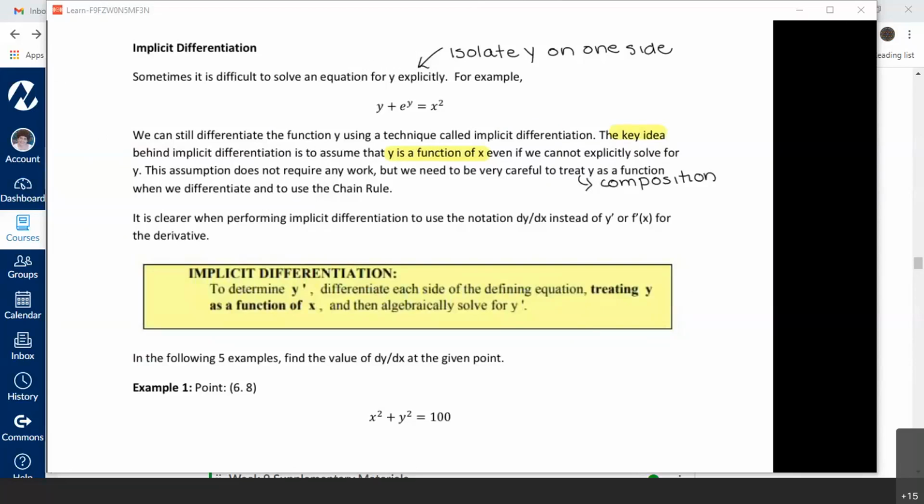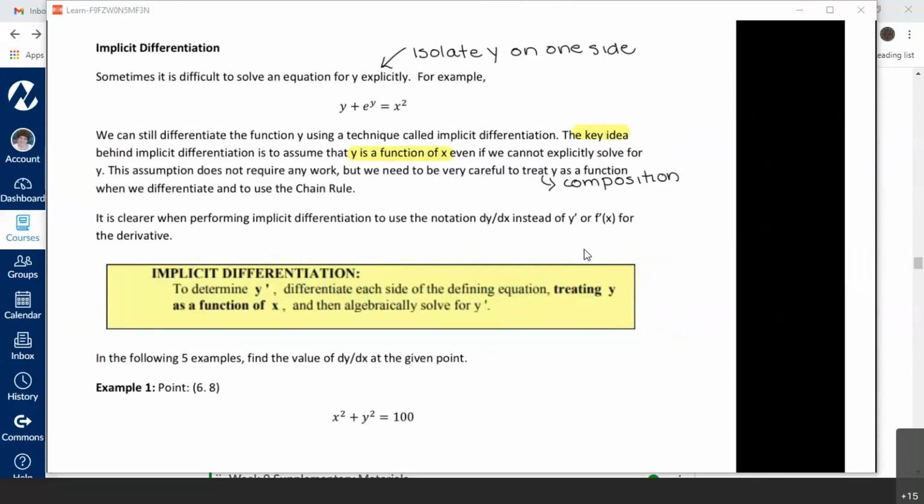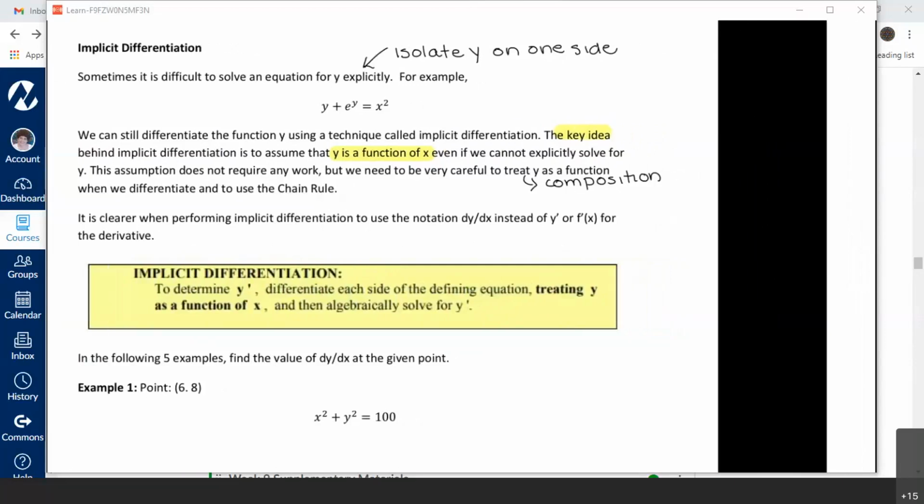It's clearer when performing implicit differentiation to use dy/dx instead of y prime or f prime of x. Remember, this is the derivative of y with respect to x.